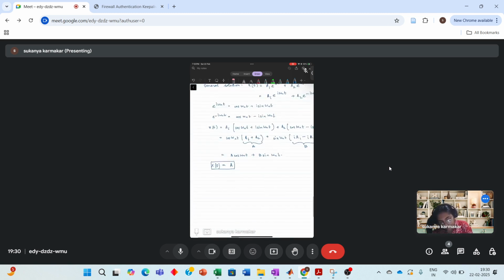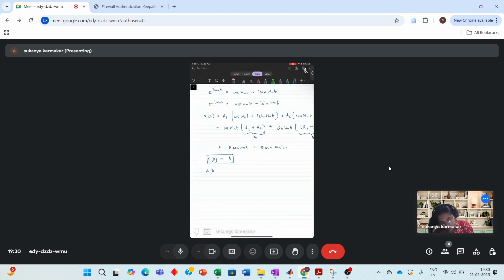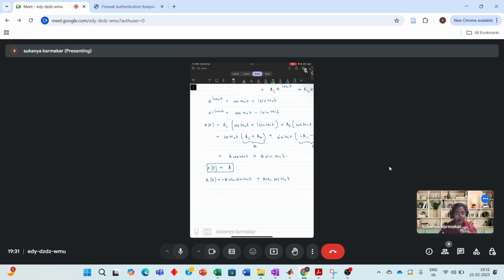So let's write down the expression for x dot t. It will be minus a omega n sine omega n t, since the differentiation of cos omega n t is minus sine omega n t into omega n, plus b omega n cos of omega n t. Now I want to use the other fact that the velocity at time t is equal to 0 is x dot 0.